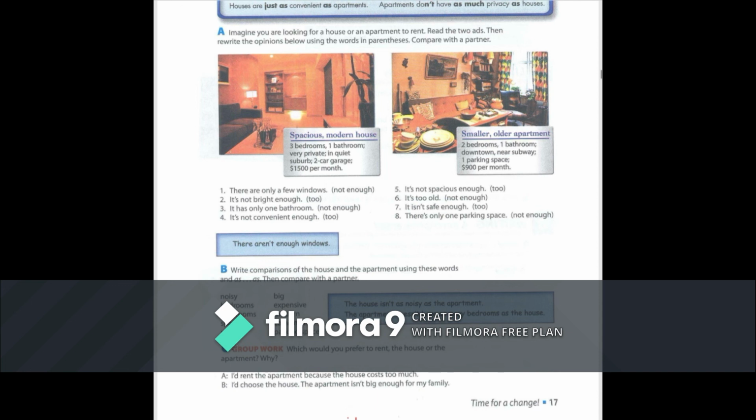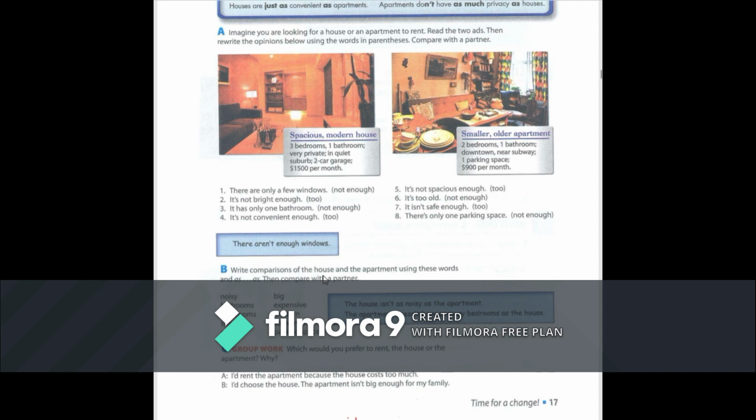The word private. I'm going to say the apartment isn't as private as the house. Actually, in my opinion, I think the house isn't as private as the apartment. It's more like the opposite. So the house isn't as private as the apartment.